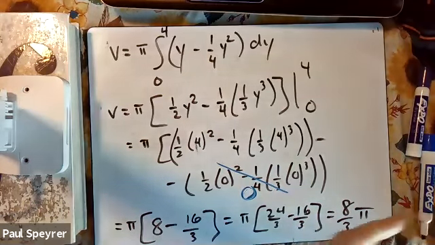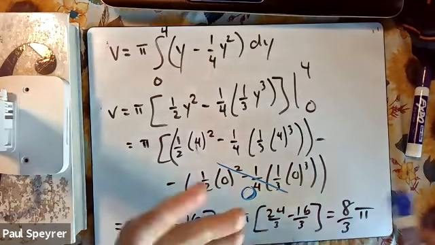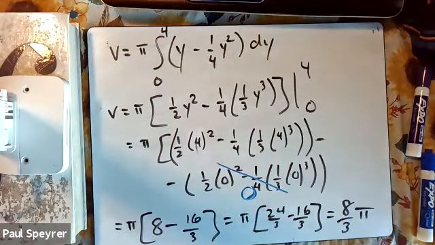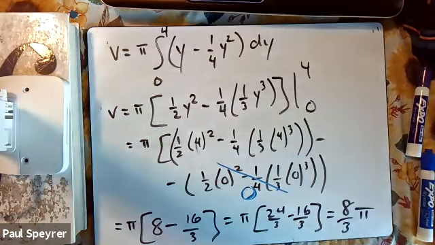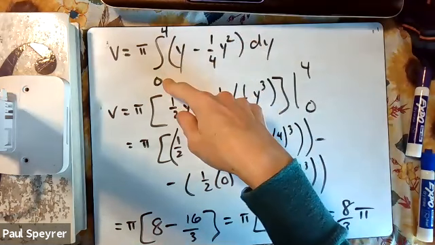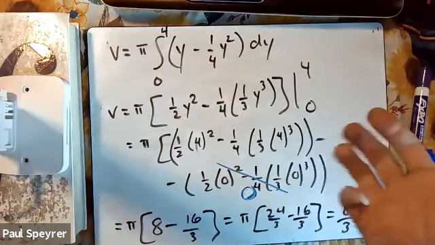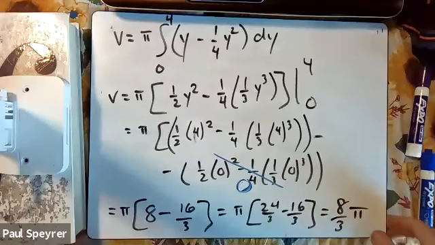So again, really important, the mistakes that people make with these problems rotating or finding volumes is when it comes to the y-axis. Remember, your equations have to be in terms of y. That means x to the first equals whatever. And then the limits right here have to be in terms of y. How do you find out where the limits are? You set the equations equal to each other, but you have to make sure they are in the right variable, right?